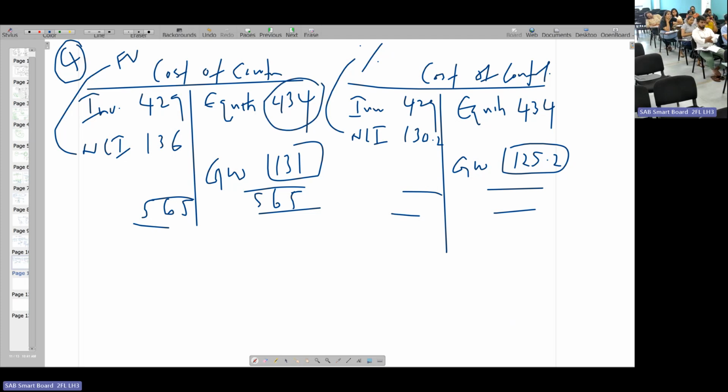The 20 increase: double entry land debit. Where to credit? Cost of control.